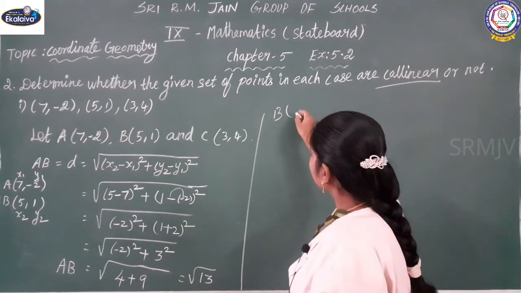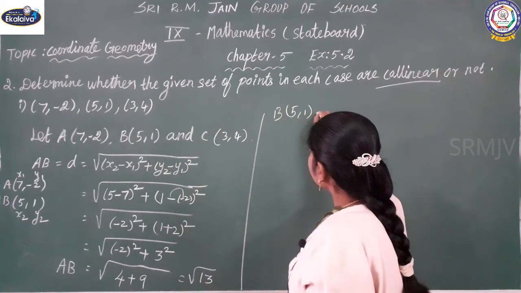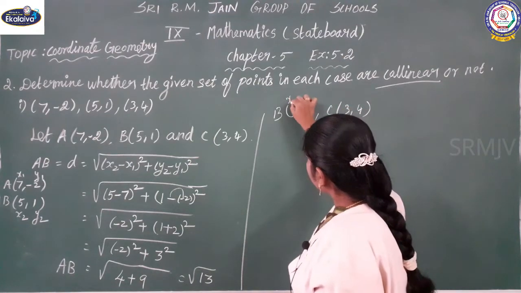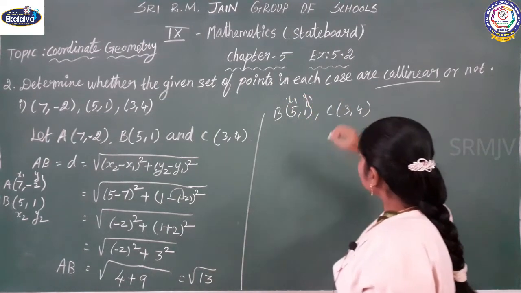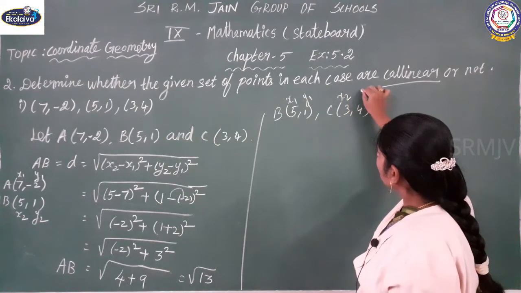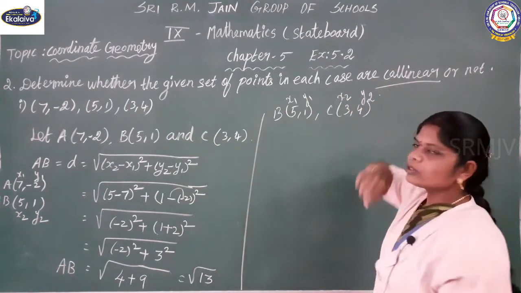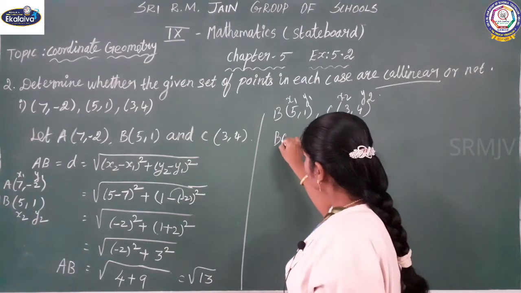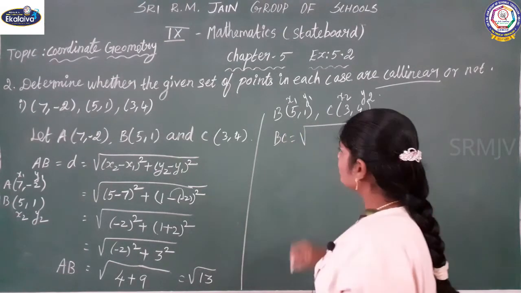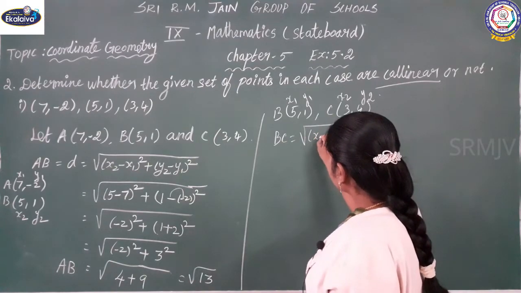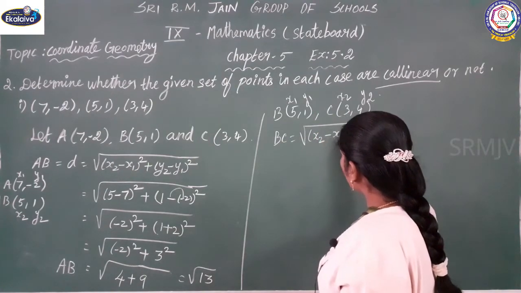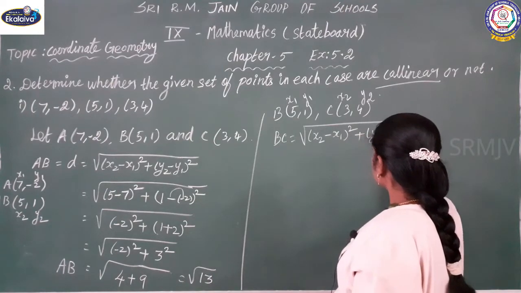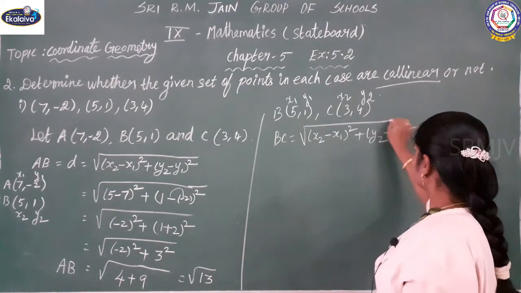First write the coordinates, 5 comma 1, and C value 3 comma 4. This is x1, this is y1, and this is x2, y2. Okay. So now we are going to find the distance of BC. So BC equal to root of, write the formula, x2 minus x1 the whole square plus y2 minus y1 the whole square.